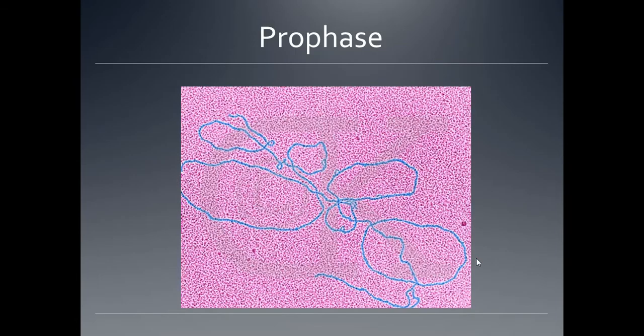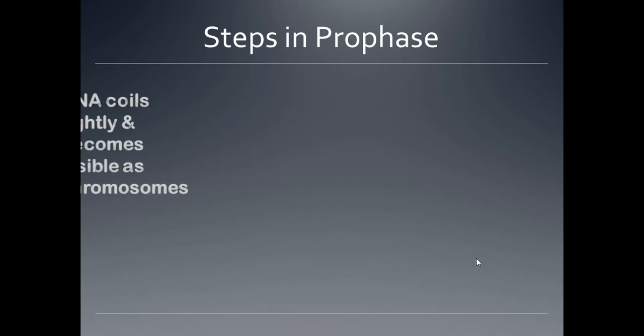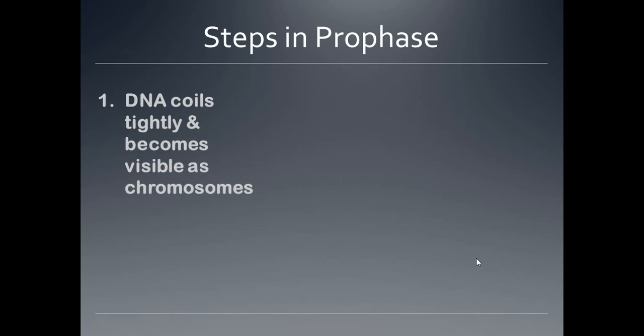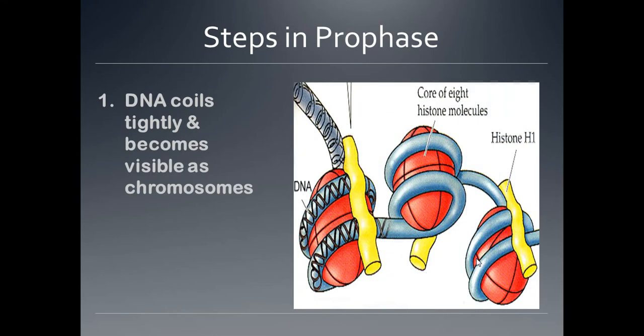This is a very close-up microscopic picture of the prophase stage of mitosis. You can see the blue strand is DNA, and all of the rest of it, the pink part, is the other parts that would be in the nucleus. There are several steps in prophase. First, DNA coils tightly and becomes visible as chromosomes.